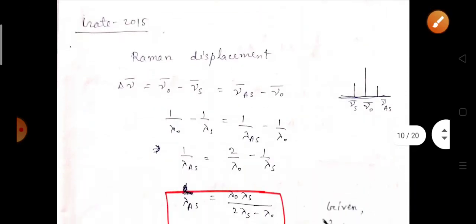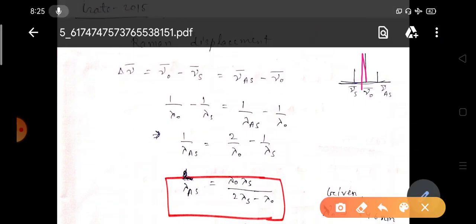So look, this is the Raman displacement, and the spectrum will look like this. The middle one will be the Rayleigh line, that is the scattered line with the same frequency as the unscattered one. On one side is the anti-Stokes line, and on the other side is the Stokes line.